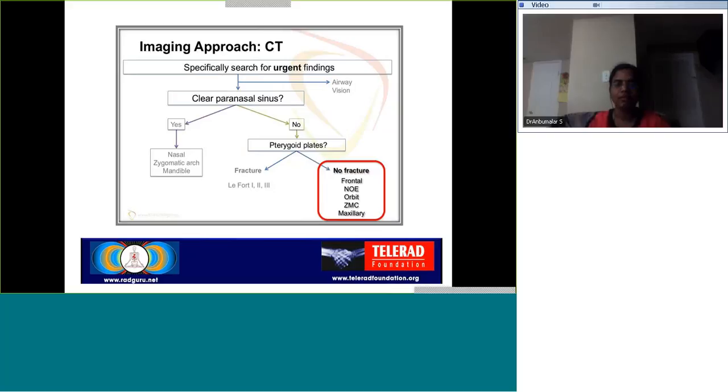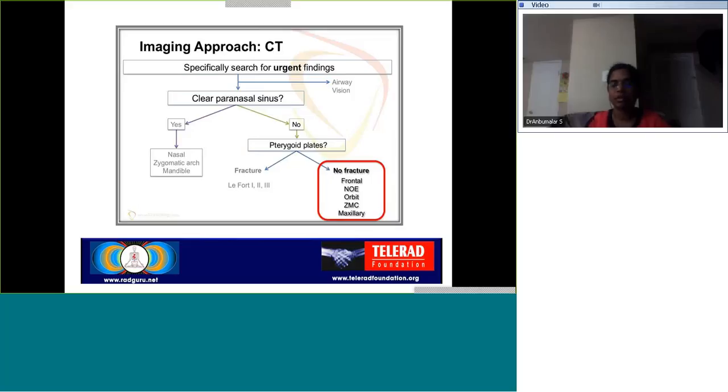Second, once we have seen whether the paranasal sinuses are clear, we have to think about all the fractures we have seen earlier. Then, if the paranasal sinuses have hemorrhage, that is a soft tissue opacification, we have to look at the pterygoid plates, to see whether the plate is fractured or not.